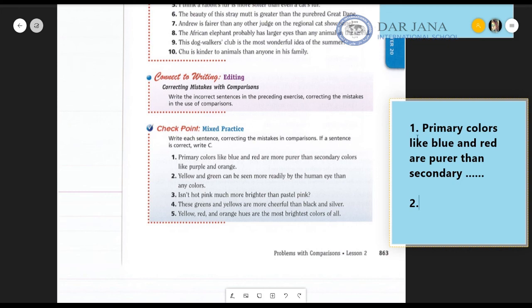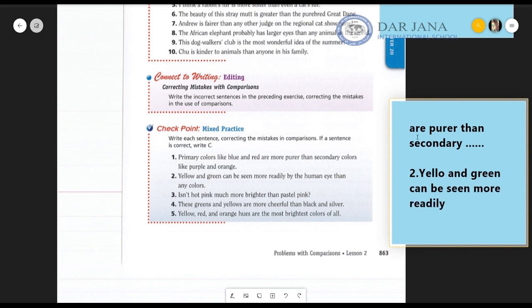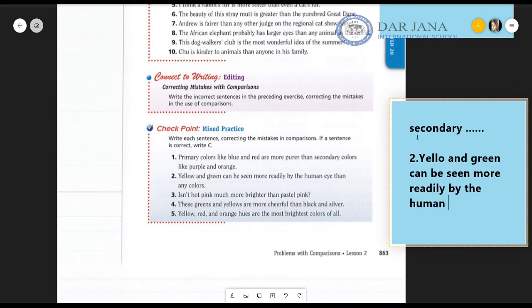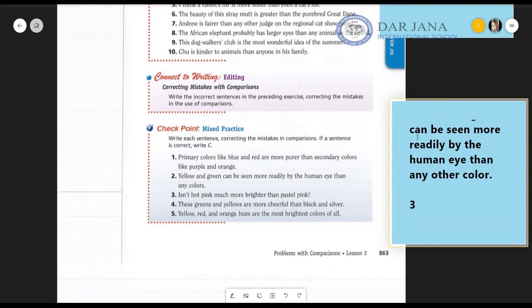So yellow and green can be seen more readily by the human eye than any other color.